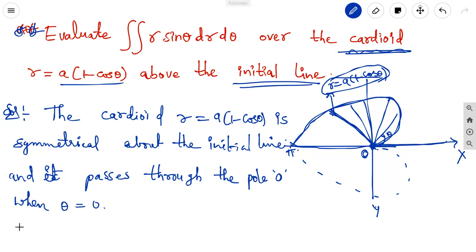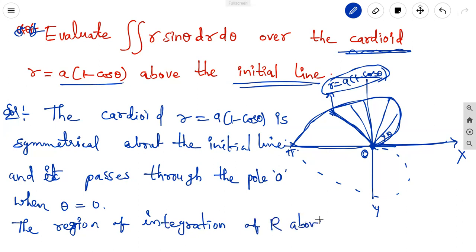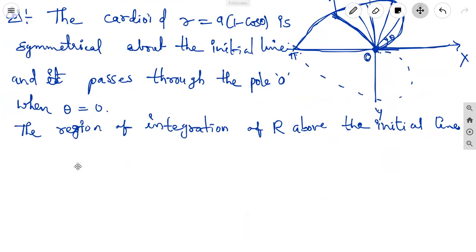The region of integration, the region of the capital R integration above the initial line, is covered by radial strips.